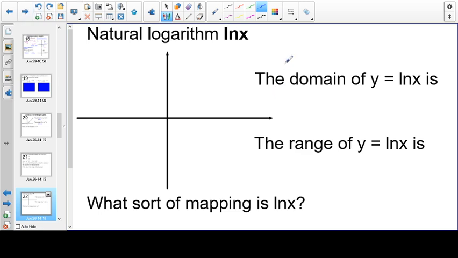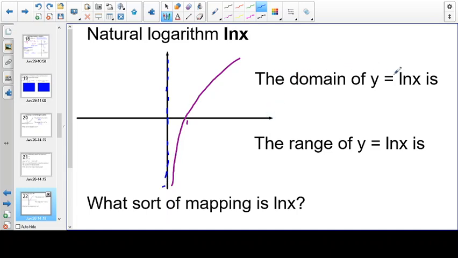Okay, and then the inverse of E, as we've already talked about, is natural log. Natural log, just to remind you, looks like that. So you've got to remember what this looks like. So it goes through 1 there, and there is an asymptote here.